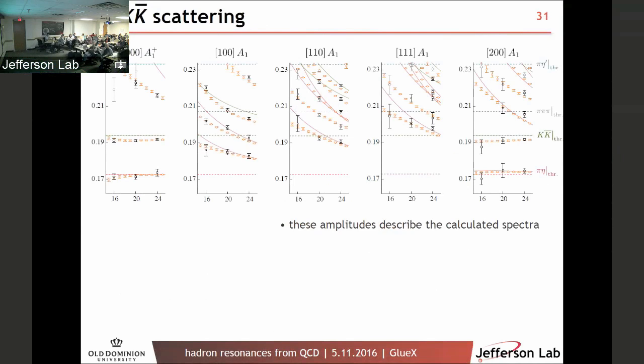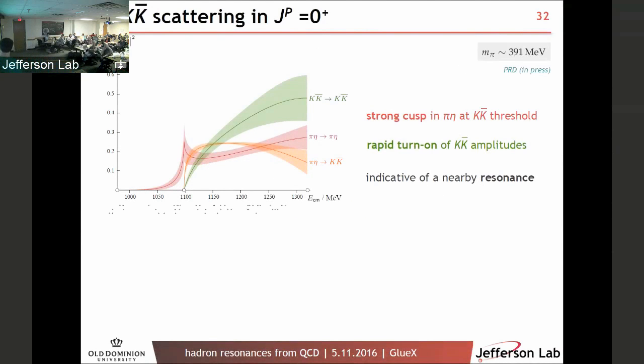So there's clearly some sort of strong cusp-like behavior here. There's this very rapid turn-on of the kk bar amplitudes. Now, you can always have a cusp when a threshold opens. That can always happen. It doesn't mean there's anything resonant going on. But this is a really strong cusp, and these amplitudes turning on essentially as fast as they're allowed to strongly suggest that something is resonating here.